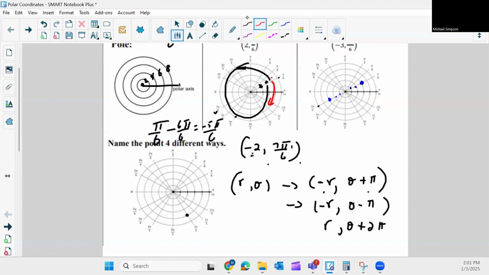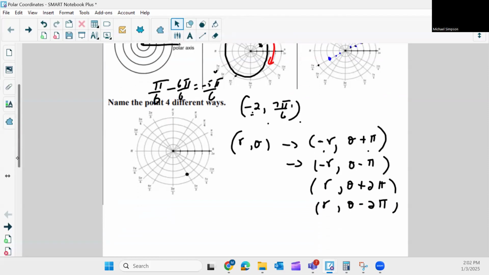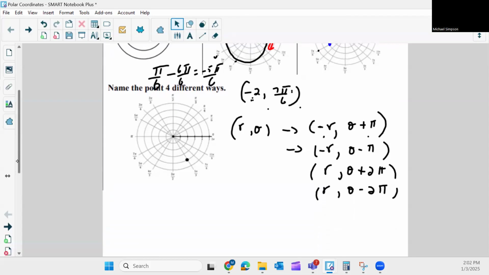So here I can write this as, keep the R value the same, but this time I minus 2 pi. I end up at the same location. Good? So there are 4 different ways you can write the angle, all right? 4 different ways. Good. And you'll see now, we can abbreviate this. We can say R comma theta, right?